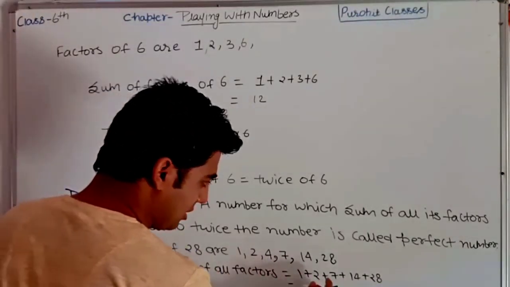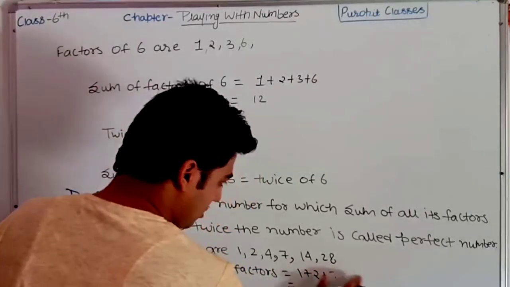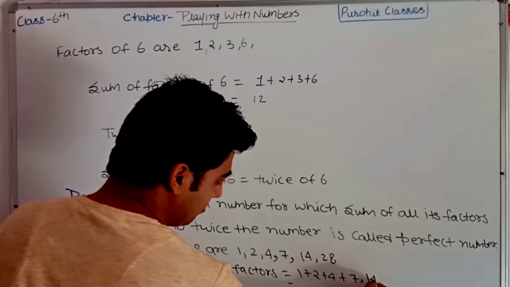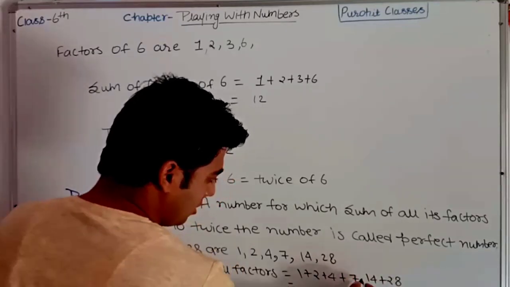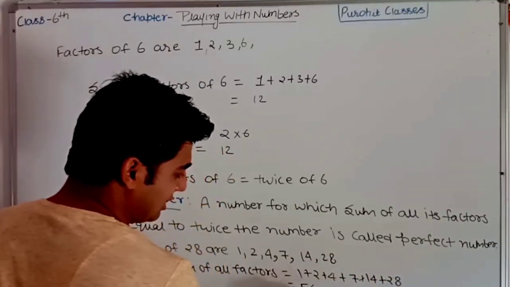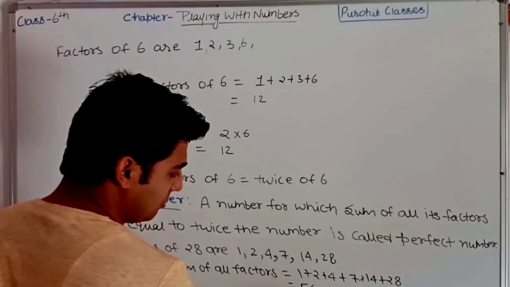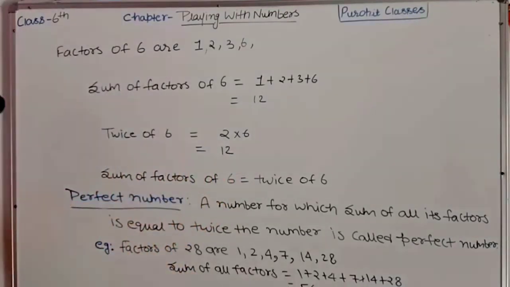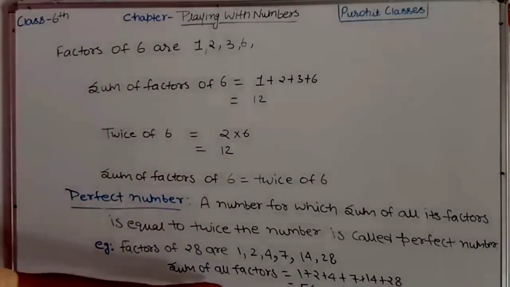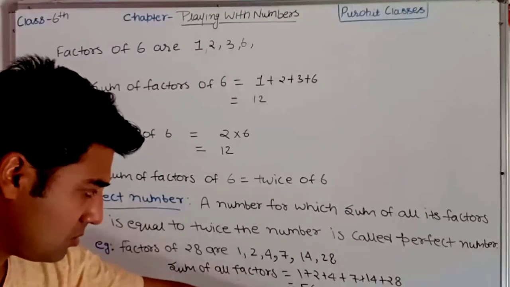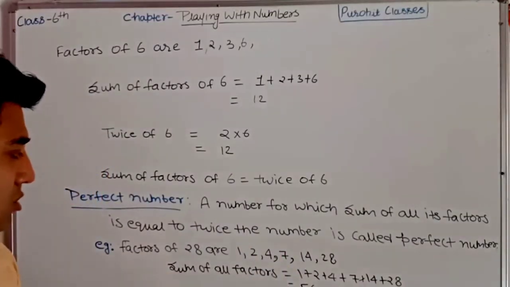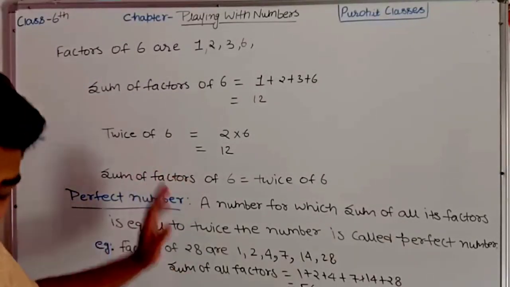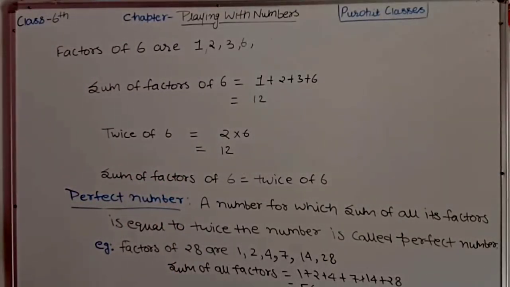Oh, I have missed 4 here, that is why there was a problem. 1 plus 2 plus 4 plus 7 plus 14 plus 28. So the sum will be equal to 56, and clearly you can see this is equal to 2 multiplied by 28. Getting or not? The sum of all factors is equal to twice the number. So here 28 is also a perfect number. 28 and 6 we have checked, these are all perfect numbers.